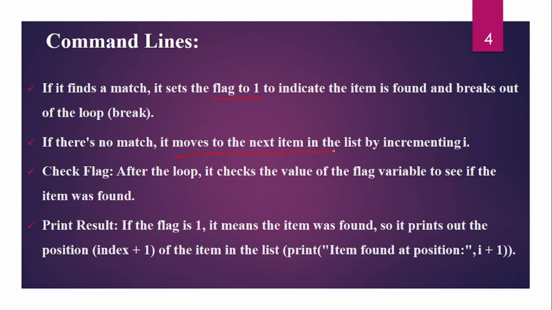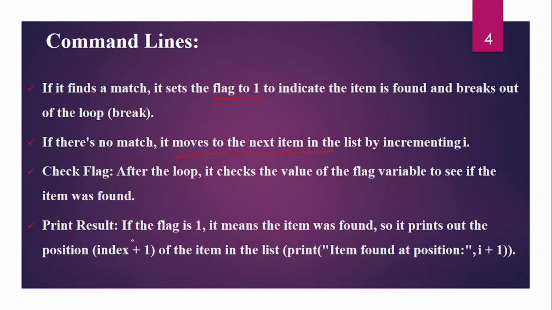Every time it goes through each item in the list, the i value keeps on incrementing. Then what is this check flag? After the loop is completely over, it will check the value of the flag variable. If the flag value is 1, it means that the item was found, and it will print that the item is found, along with the index value of where it is in the list.